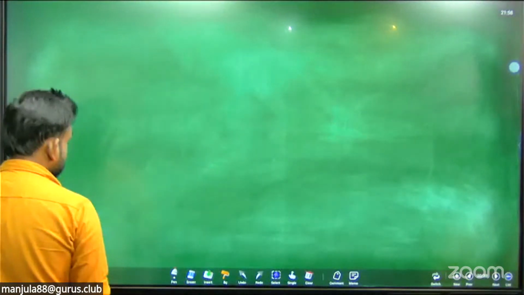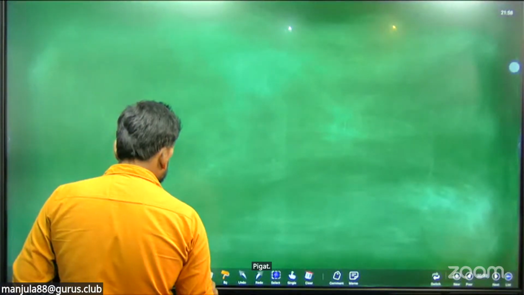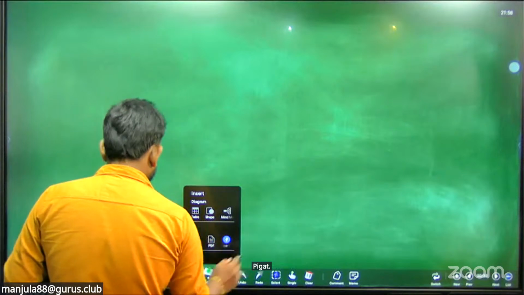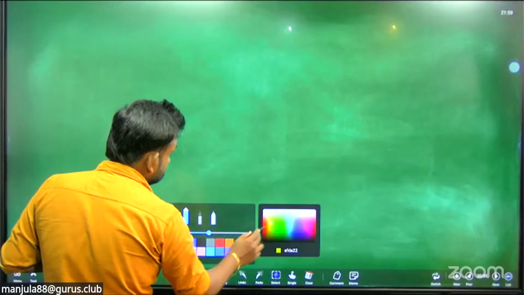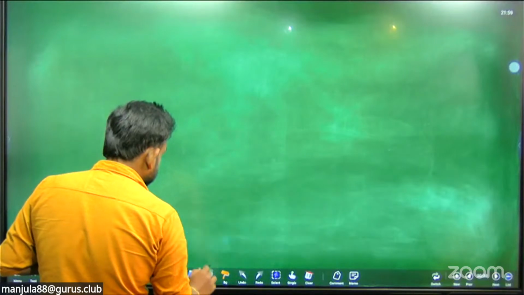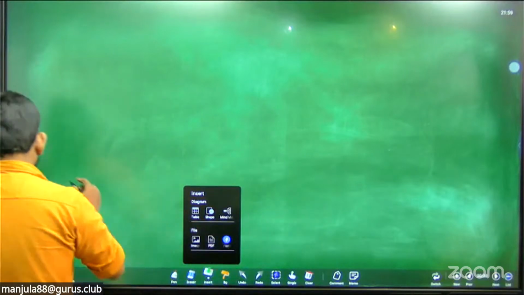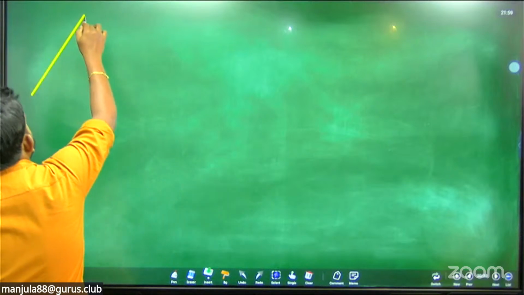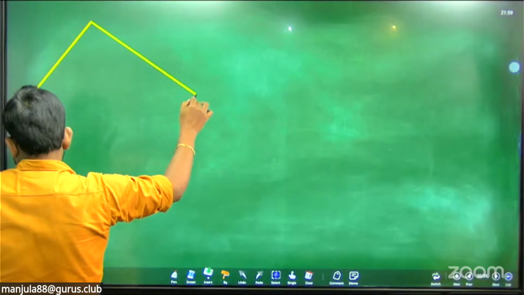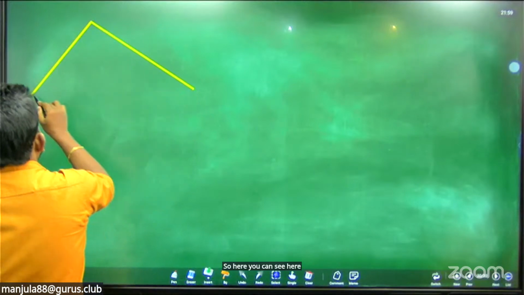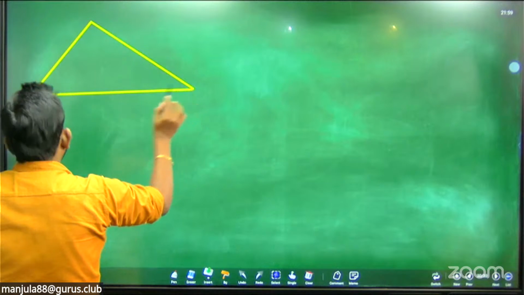Right. Look, this is a trig question. So here you can see, okay, this is the line.